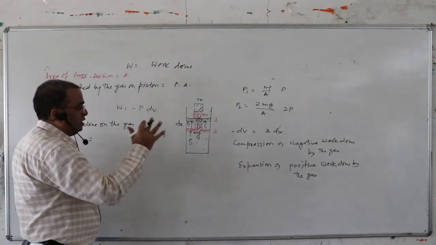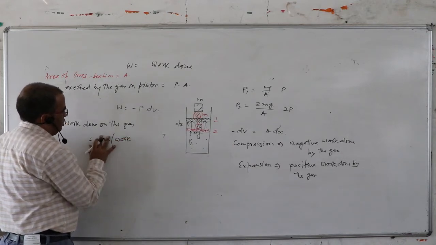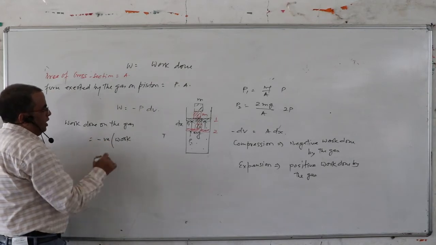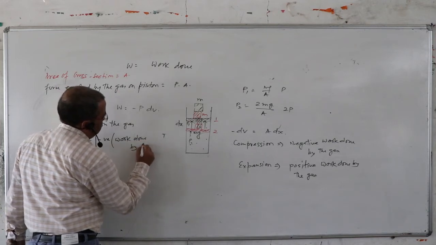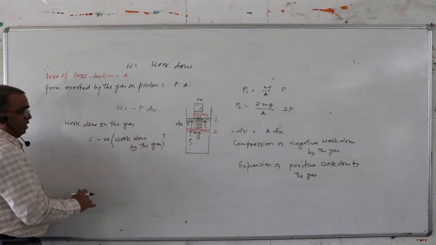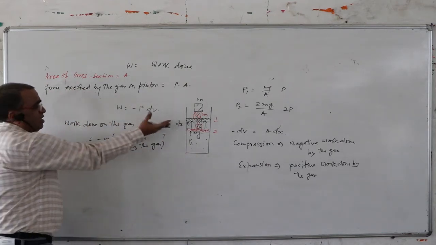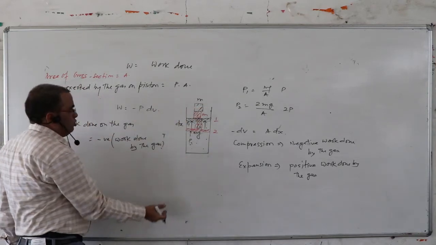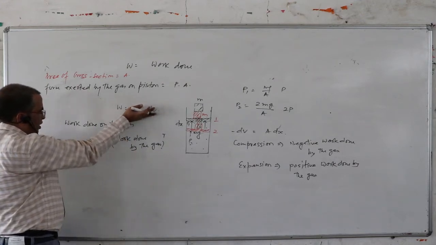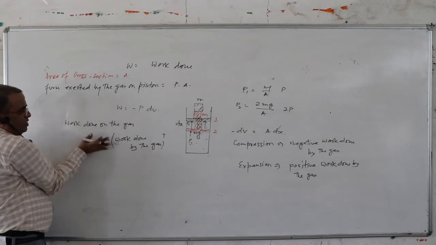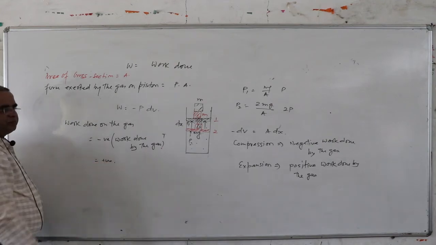Work done on the gas is nothing but the negative value of the work done by the gas. In the given example, if the gas is undergoing compression and the volume is getting reduced, we can see the work done by the gas is negative, minus PdV. Therefore, the work done on the gas is negative of the negative. That means it will be positive.